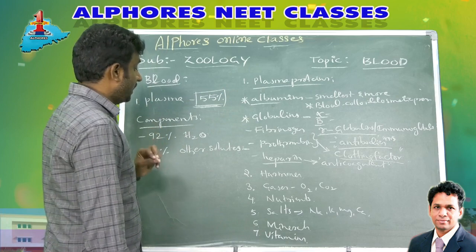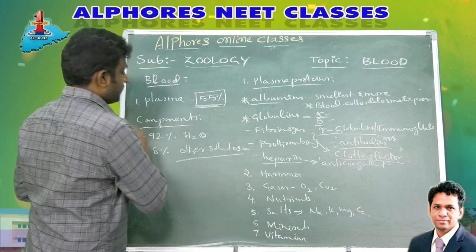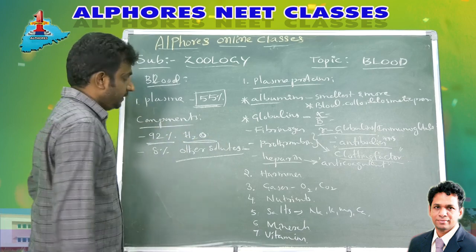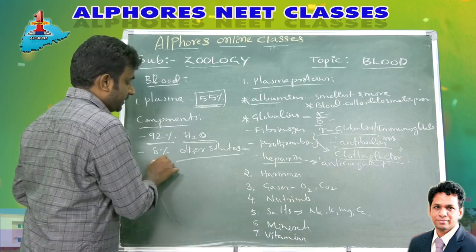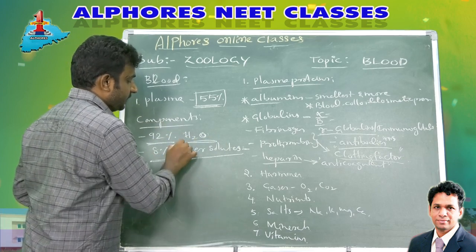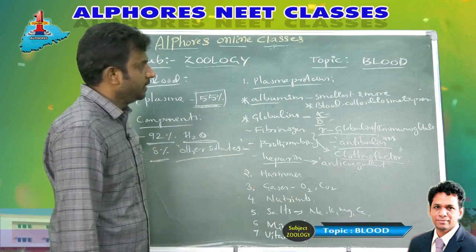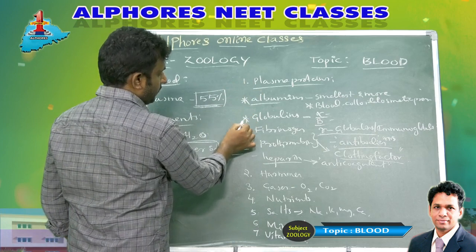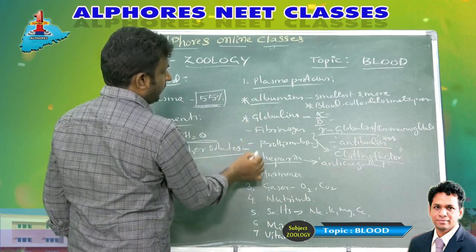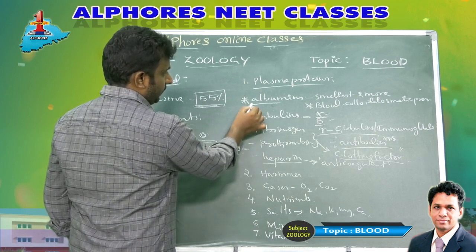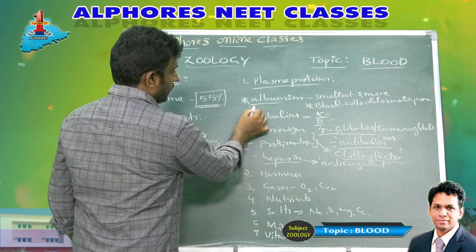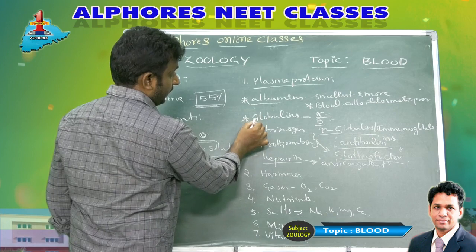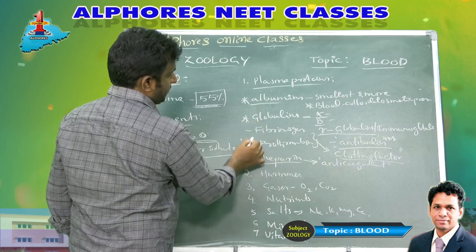Now, these are under the solutes. 92% of plasma is water only, but 8% of the plasma consists of the other solutes. Other solutes are the plasma proteins like albumins, globulins, fibrinogen, prothrombin, heparin. Albumins maintain the blood colloidal osmotic pressure. Globulins help in the production of antibodies.